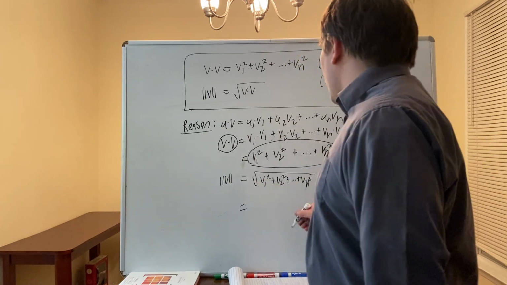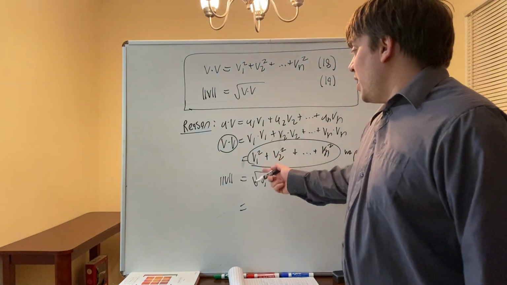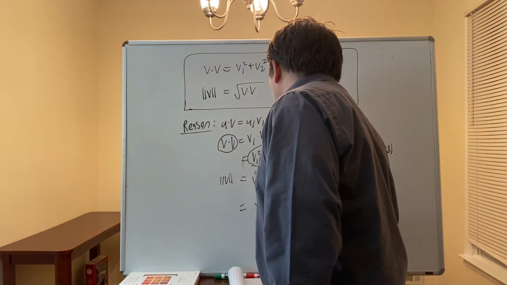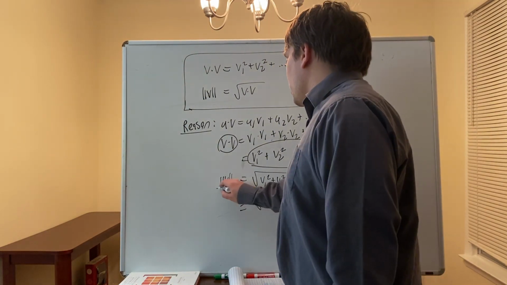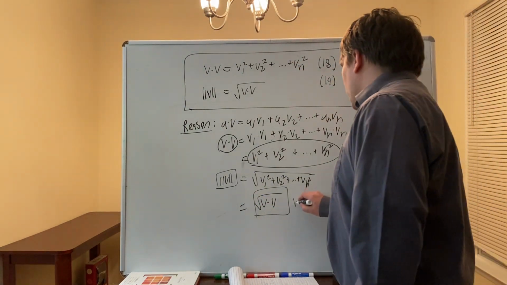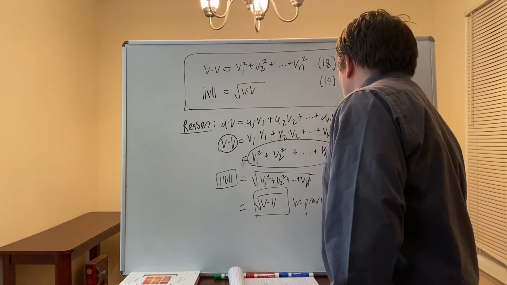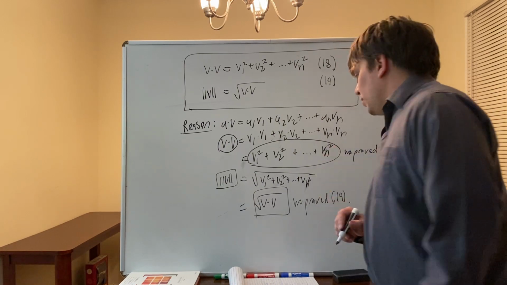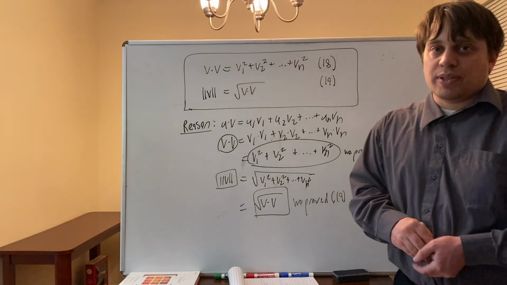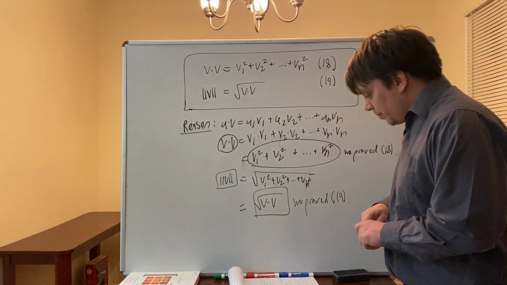So now within the square root is the exact same thing, and instead of writing this, I can write v dot v. So this is equal to the square root of v dot v. And now what I showed is that the norm of v is equal to the square root of v dot v. And so now we proved 19. So now we have these two equations and the proofs for those two equations.